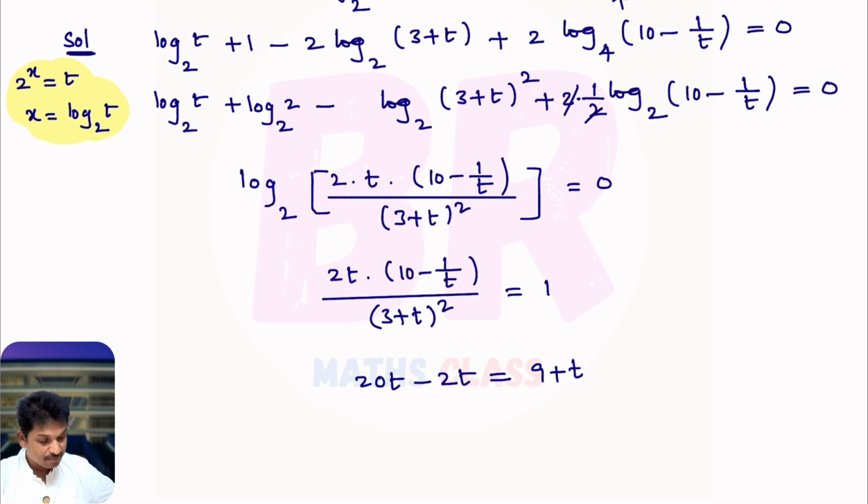Expand this, 9 plus t square plus 6t. Simplify this further. What you will get? t square is here, minus 2t. You observe here 2t into 1 by t is what? That is 2 only. So simplify. What you will get? t square minus 14t plus 11 equal to 0.